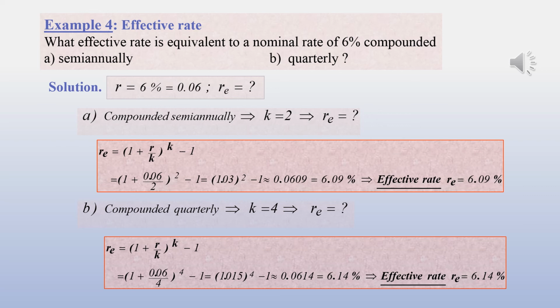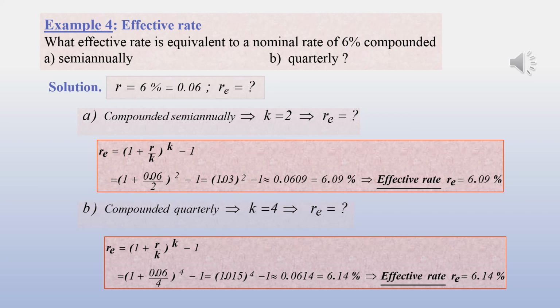So we have RE is about 0.0614, which is equal to 6.14%. So the effective rate that is equivalent to a nominal rate of 6% compounded quarterly is equal to 6.14%.